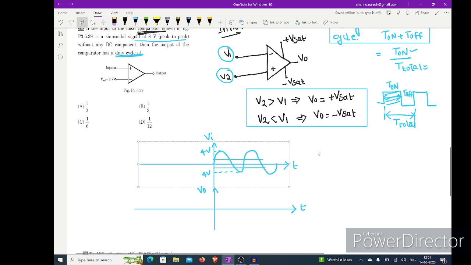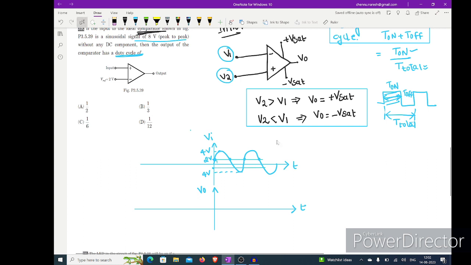They are comparing only with 2 volts. Whenever the input is greater than 2 volts, it is dominating the positive terminal of the op-amp, so the output is plus Vsat. Whenever the input is greater than 2 volts, the output is plus Vsat.